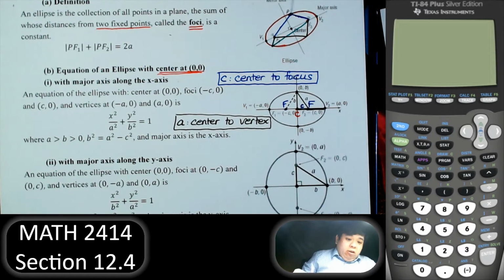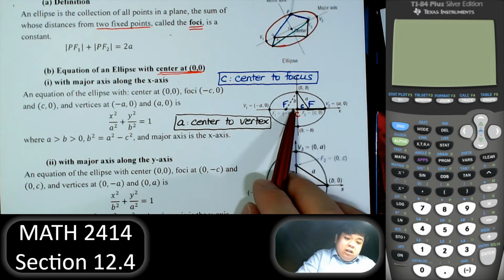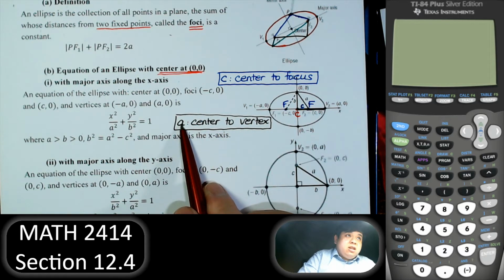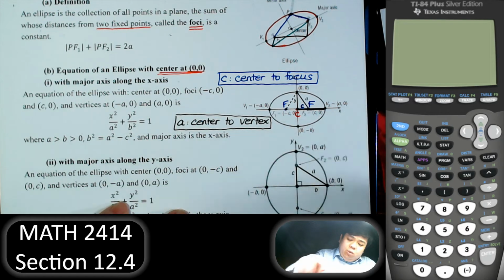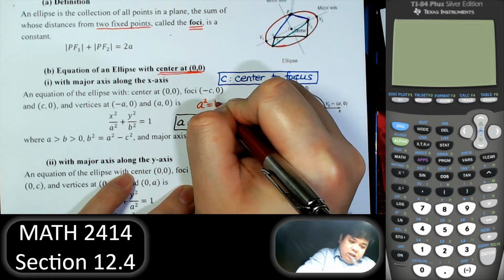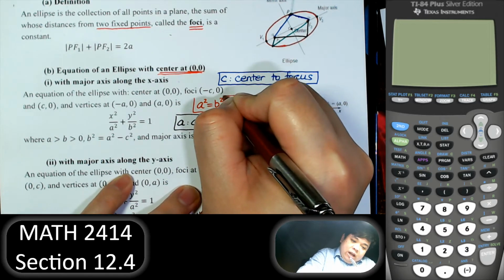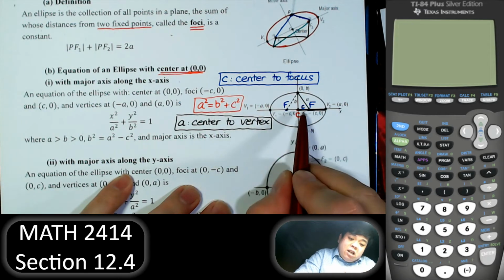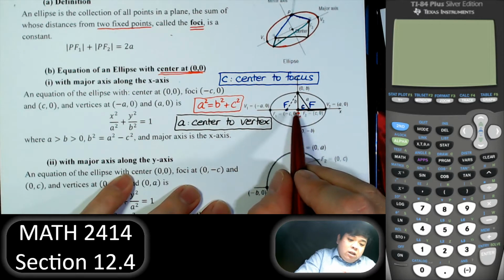And we will have the relation. In an ellipse, a is going to be the biggest distance from the center to the ellipse. So we can write a squared equals b squared plus c squared. a is the distance from the center to the vertex, and c is the distance from the center to the focus. And what is b?